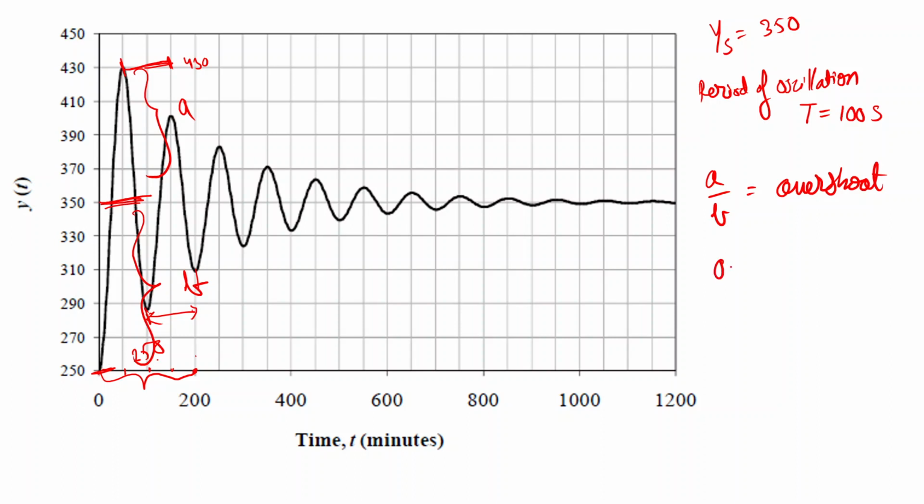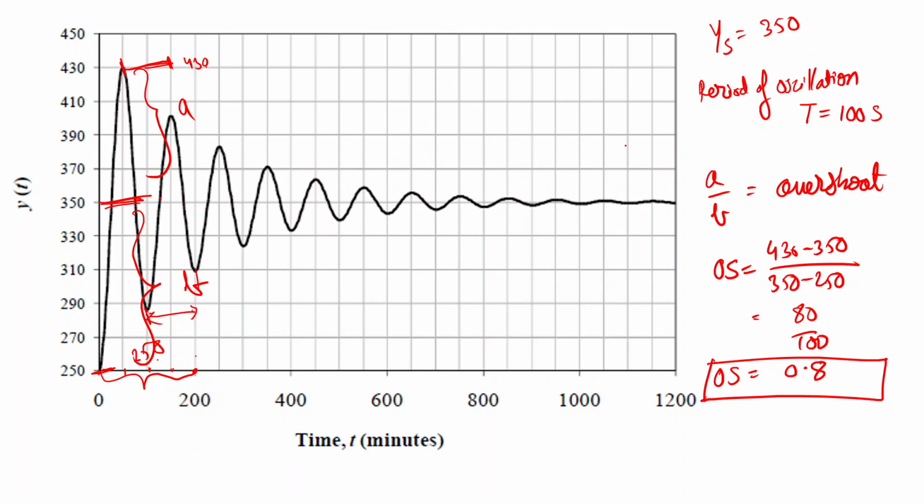So overshoot, let's call it OS, will be A upon B. So here A is 430 minus 350 upon 350 minus 250. So this will become 80 upon 100. That is overshoot, we will be getting it as 0.8.